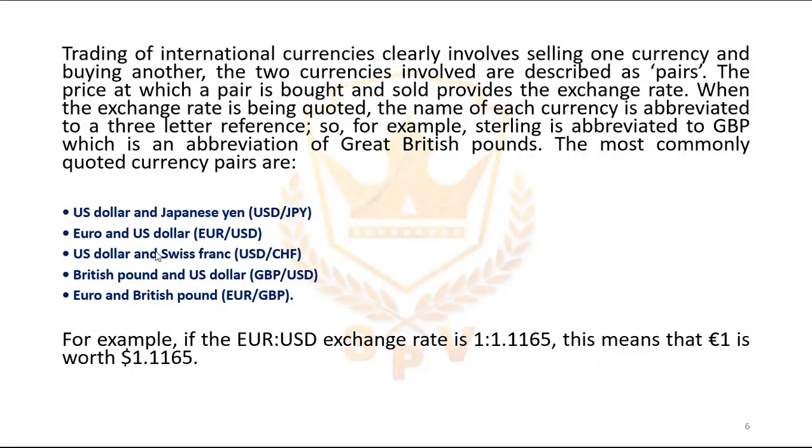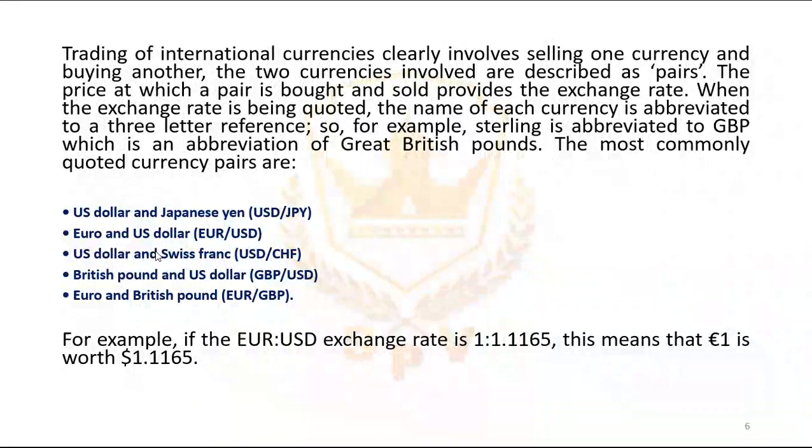The price at which one currency is converted into another is what we call the exchange rate. The currencies involved in the exchange are called currency pairs. So we trade them as pairs, and the price at which these pairs are bought or sold provides the exchange rate.